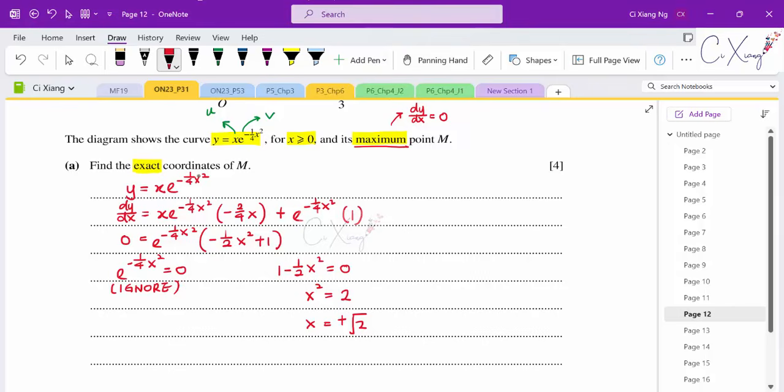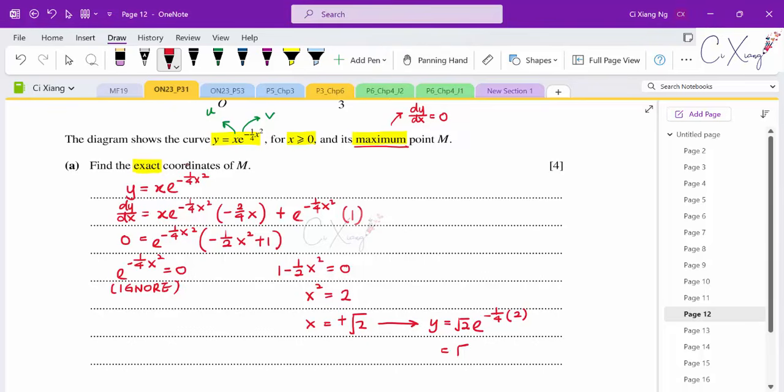After that, if you look back to the question, they're asking for exact coordinates, which means they want both x and y. So what's the y coordinate? Substitute the value of x into the equation. You have square root 2 e power negative 1 over 4 times square root 2 squared, which is 2.